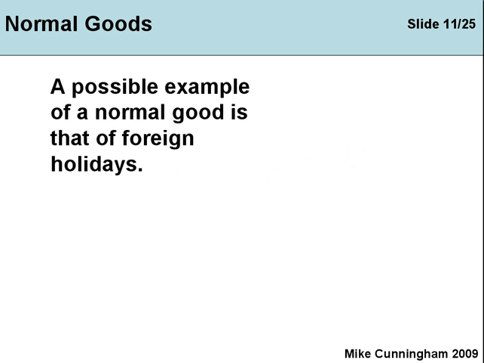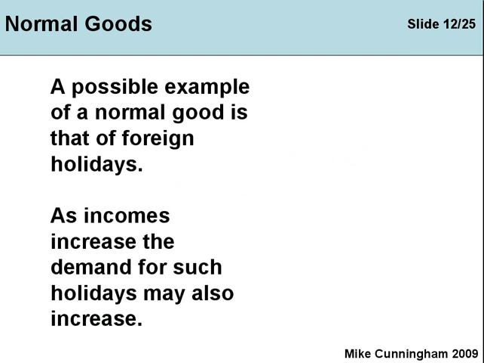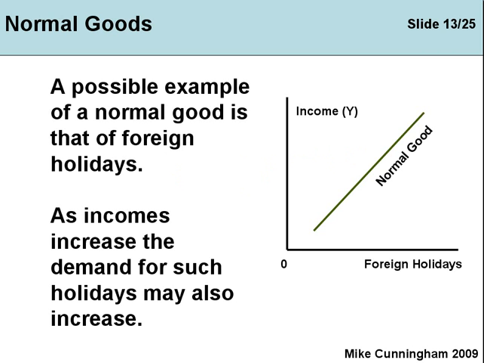An example of a normal good could be, let's say, foreign holidays. As incomes increase, the demand for such holidays may also increase. As our incomes increase, we may travel more, we may go to different countries and have holidays abroad because we can afford it, because our incomes have increased. The actual relationship between income and the demand for foreign holidays could look something like that.